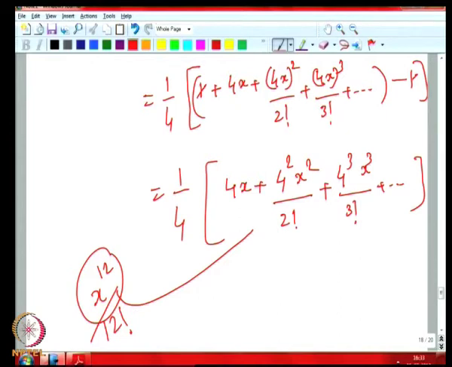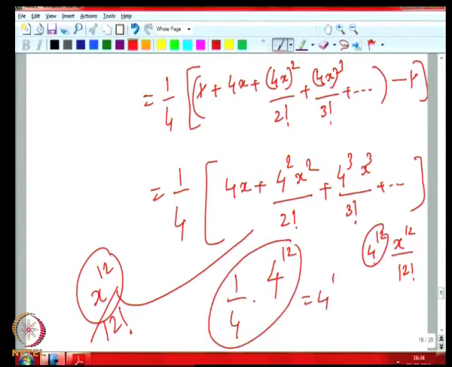That will be 1 by 4 into, because x raised to 12 will have 4 raised to 12, right, because at some point of time we will get some x raised to 12 by 12 factorial, here 4 raised to 12 will be there, right, and this 1 by 4, this is the thing. So this is just 4 raised to 11, this is the answer, 4 raised to 11 will be the answer.